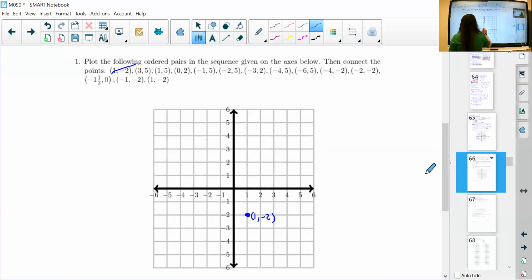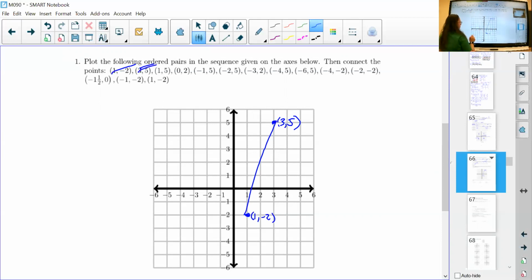Start again at the origin. Go over 3, up 5 because it's positive, and I have the point 3, comma 5. So I'm just going to draw a straight-ish line between those. Try that again. I recommend using a ruler. There we go. So that's 3, 5.